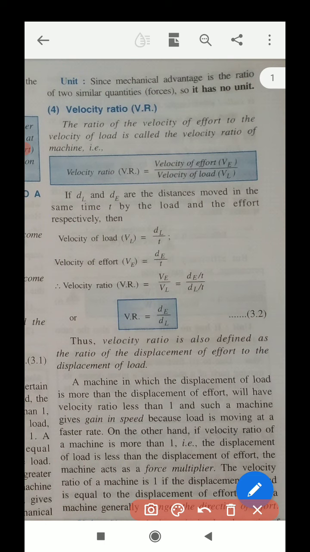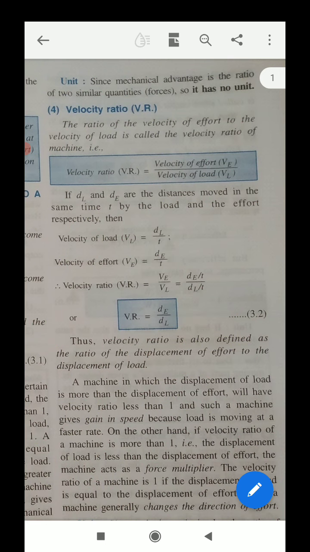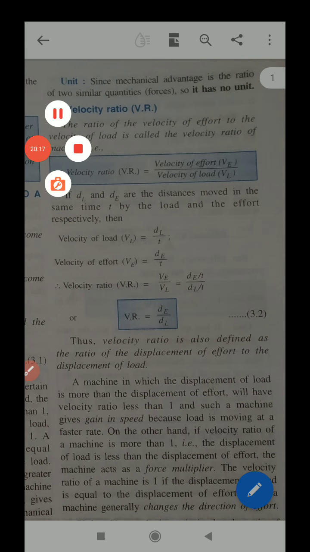You know, when mechanical advantage is 1, that is the displacement of effort to the displacement of load. In the case of scissors, you can see the displacement of effort is more. At that time velocity ratio is greater than 1, which is why it provides a mechanical advantage. I hope students you understand. Thank you very much. Next class I will explain second class lever.